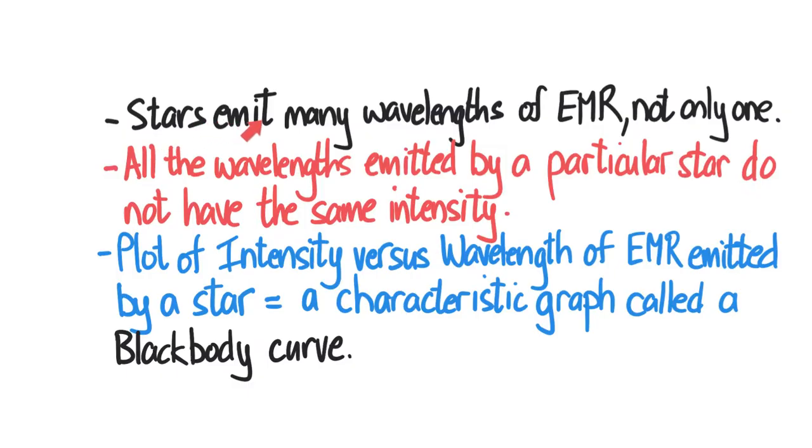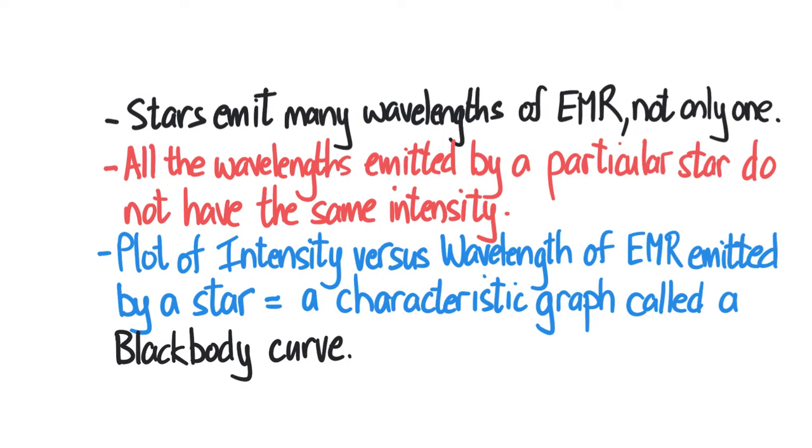Now, stars emit many wavelengths of electromagnetic radiation, not only one, and that's because of the fact that stars are made up of plasma, and in plasmas you have free electrons and you have free protons. So they're not in a bound state, so you're going to find that all sorts of wavelengths are going to be emitted due to the various accelerations and vibrations of the electrons and the protons.